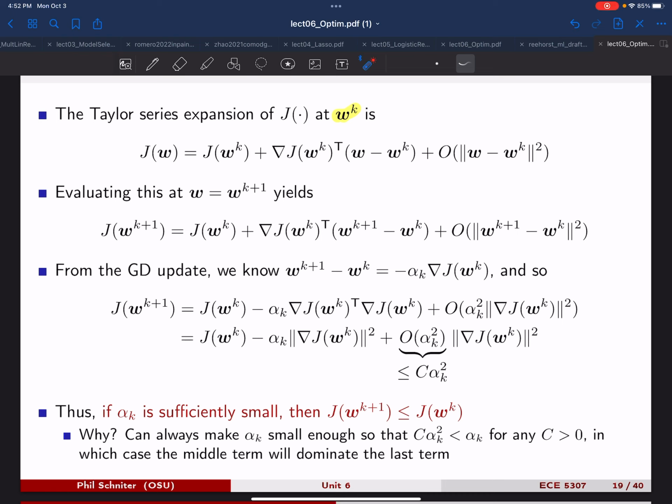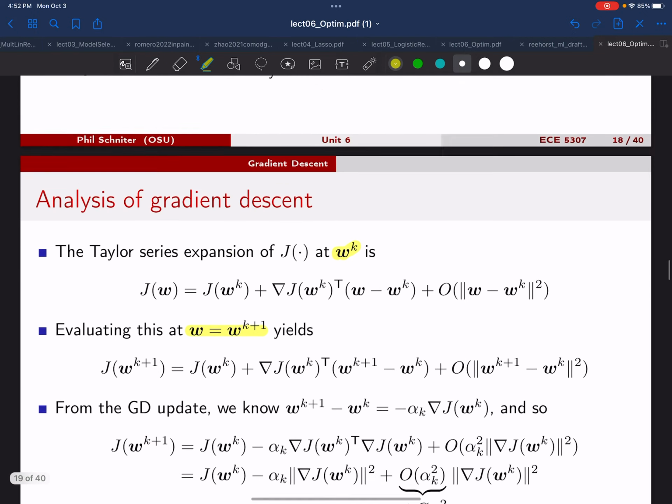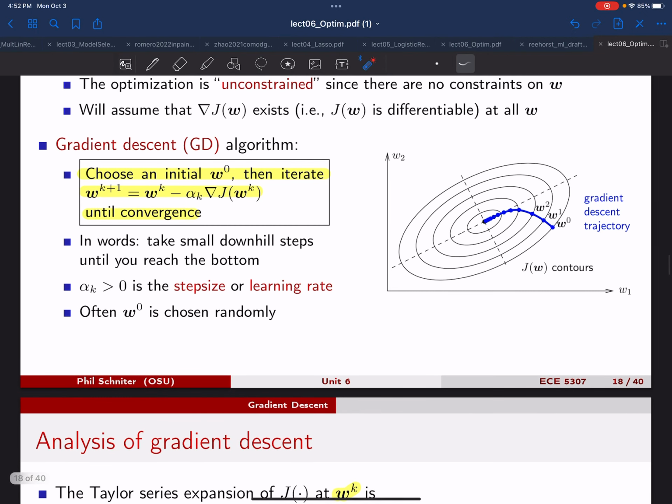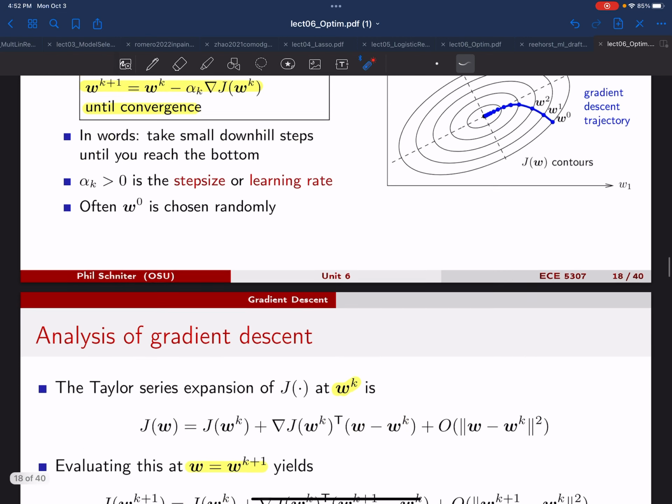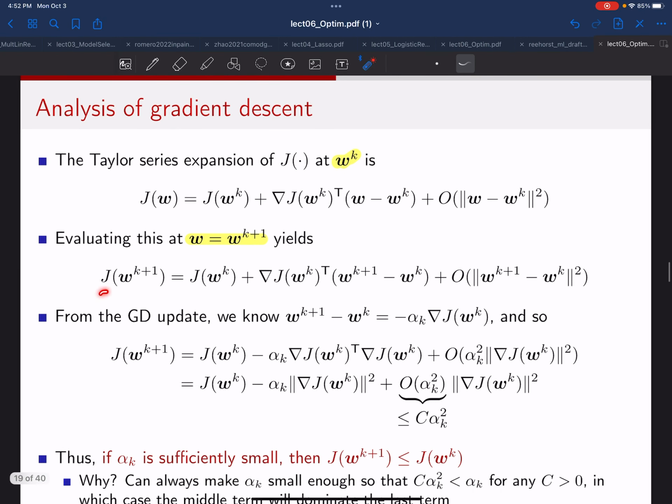So this is just the Taylor expansion that we derived, or we discussed last Wednesday. And now we're going to look specifically at W as the next gradient descent iteration. So this is our reference, and this is the next point. So what can we say about the cost at the next point relative to the cost at the reference?